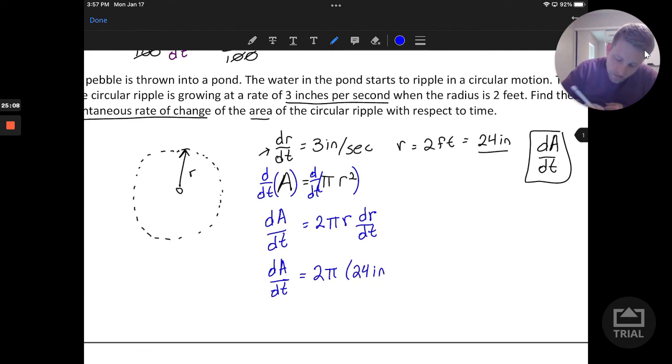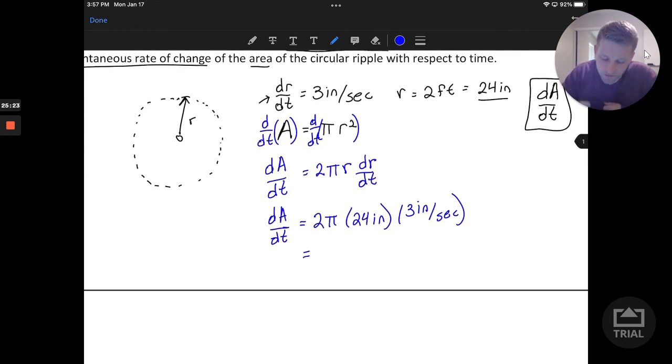We want to make sure that's in inches. And then the dr/dt is 3 inches per second. Multiplying these all together should give us 144 pi.